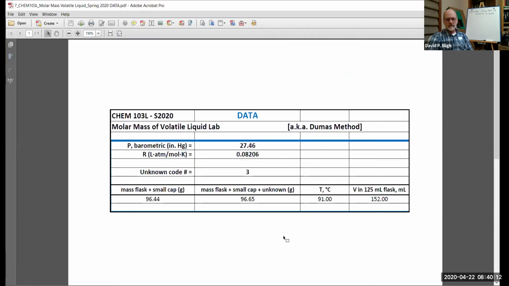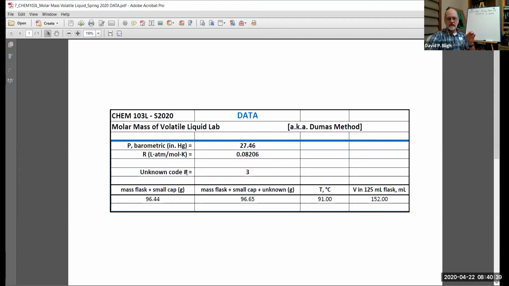Okay, so you have everything you need here to perform the experiment. I just have to show you how the data was obtained. So here you have the barometric pressure on that day, and this is in inches of mercury. There's your universal gas constant. There's the unknown code number.